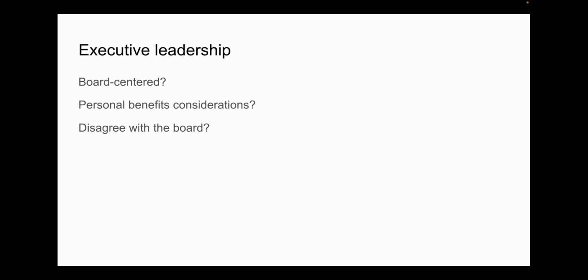And what happens if you disagree with the board? What can you do as an executive leader? Again, all these things need to be discussed on a case-by-case basis. There's no general rule, no one rule that fits all. It doesn't really happen in the nonprofit organization world.